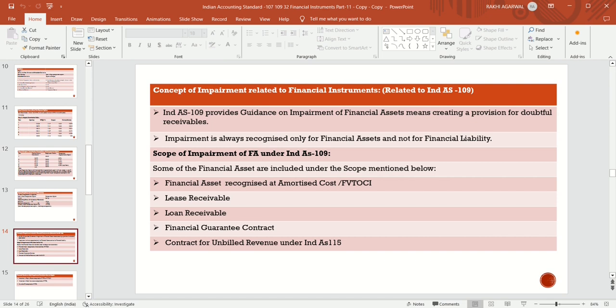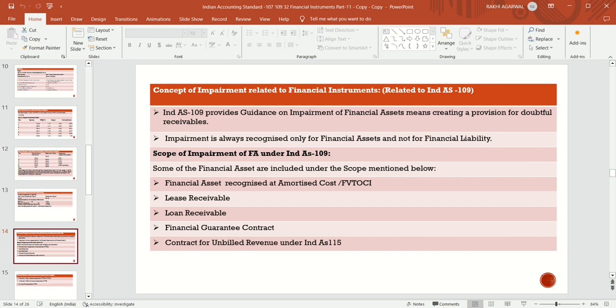They have to make a provision for doubtful receivables, because impairment of financial asset instrument means, like in case of debtors, in case of loans, in case of lease receivables, in case of financial guarantee contract, in case of contract for unbilled revenue. So these are the scope for which the impairment of financial asset under IND AS 109 gives us the guidance.